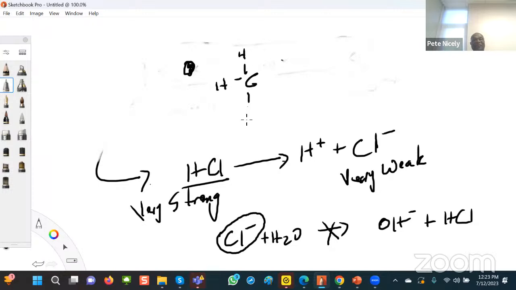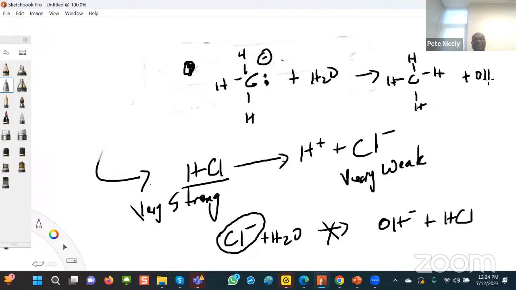This here is a very strong base, it has a negative charge here, right? If you put this in water, it will immediately react by taking a hydrogen ion from the water to form a gas known as methane, plus OH minus, all right?